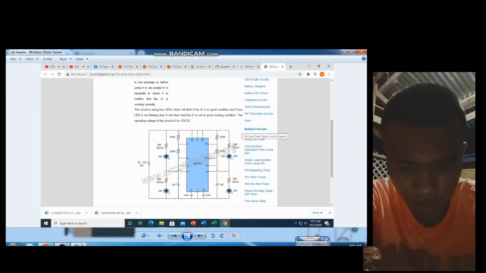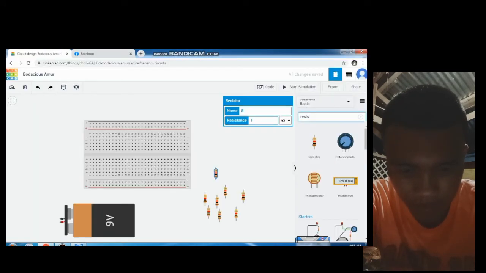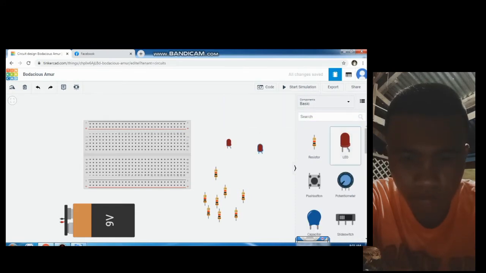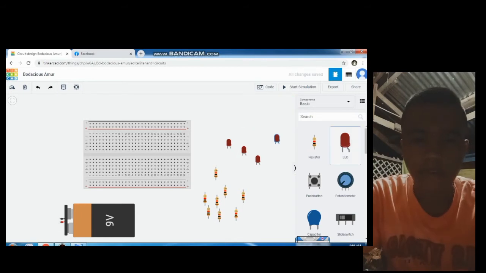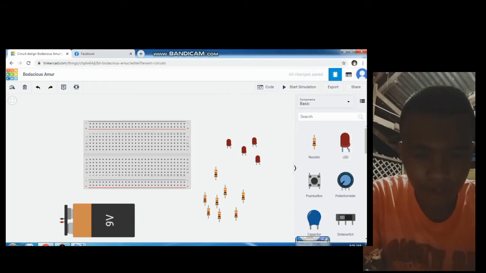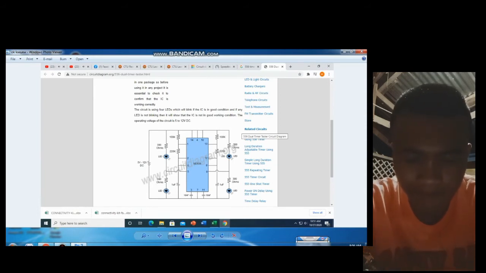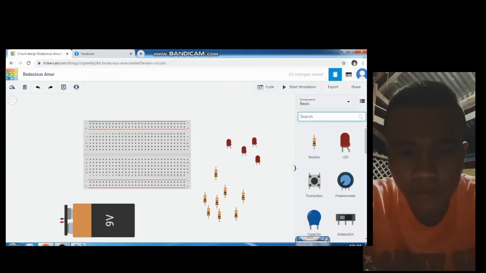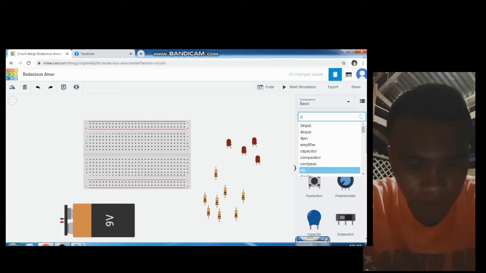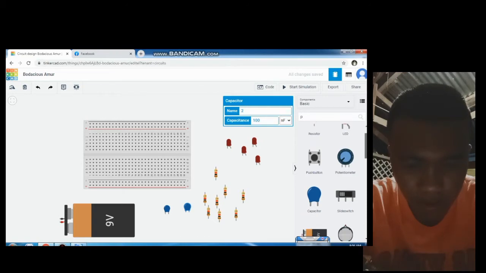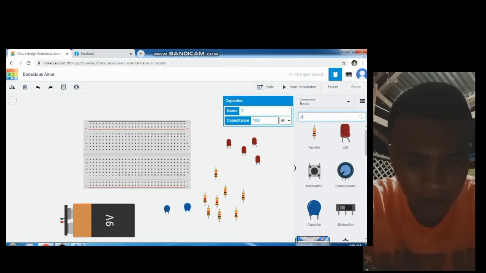Next is the LED, the 4 LED. And the next is the capacitor, the 2 capacitors.